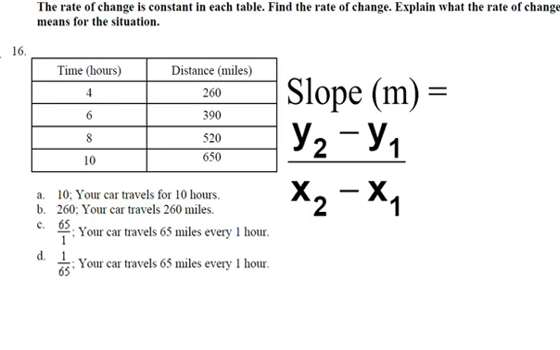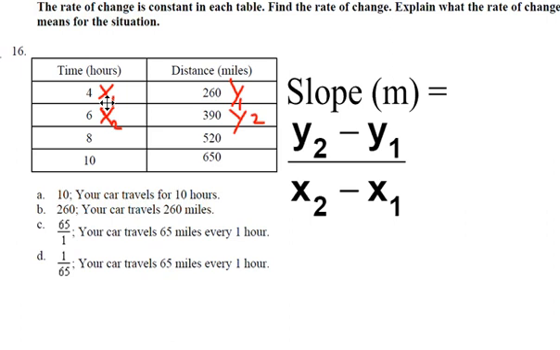So I'm going to label my x1 as 4, and then my y1, because that's the first y I read, as the 260. My x2, that's the second x I read, and my y2, because that's the second y I read.